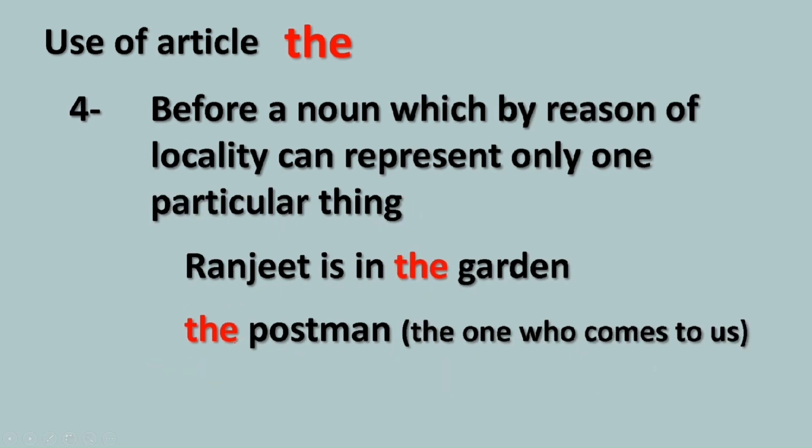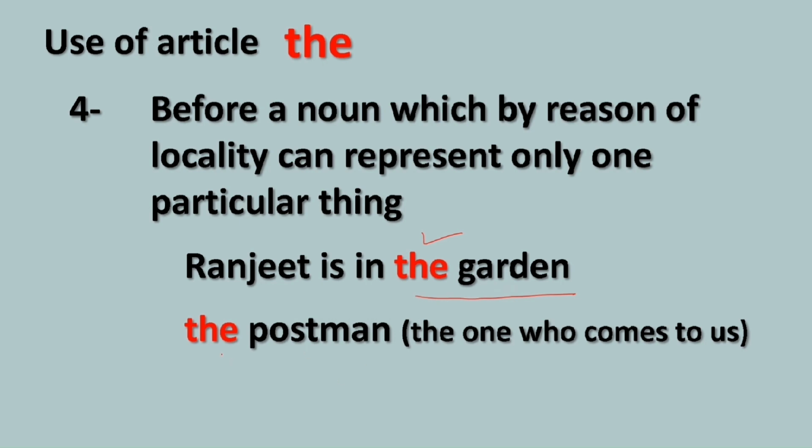Before a noun by reason of locality can represent only one particular thing. See the first sentence, Ranjit is in the garden. Here, the garden. The is used before the garden because garden is the place that represents only one place where a man named Ranjit is to be found.